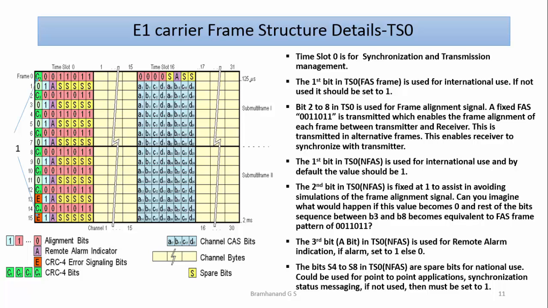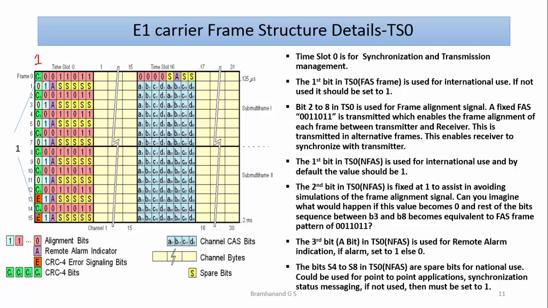Typically, bit 1 in this time slot 0 is always set to 1. We consider this bit as the international bit. But there are certain cases wherein we use this bit for cyclic redundancy check, which we'll discuss in the next slide.